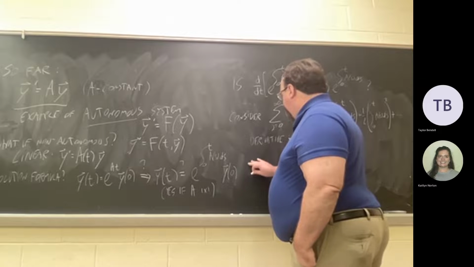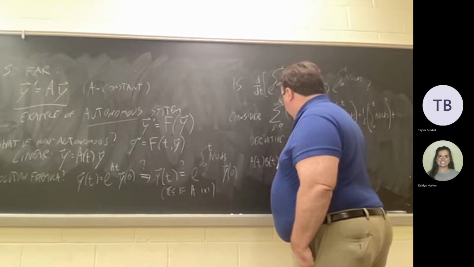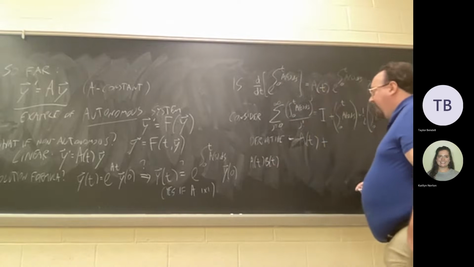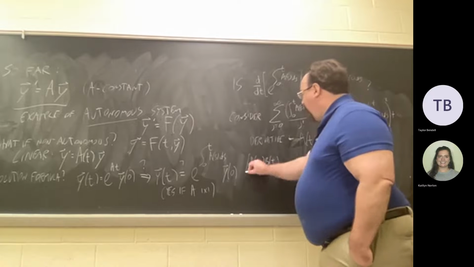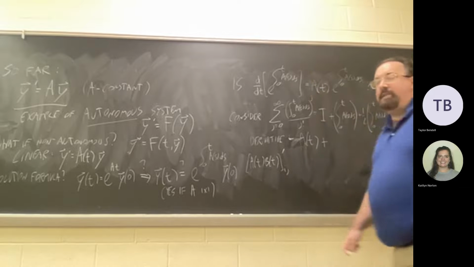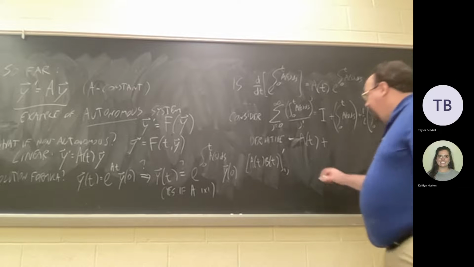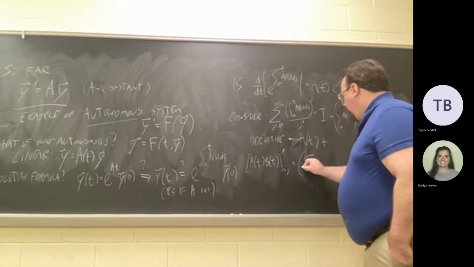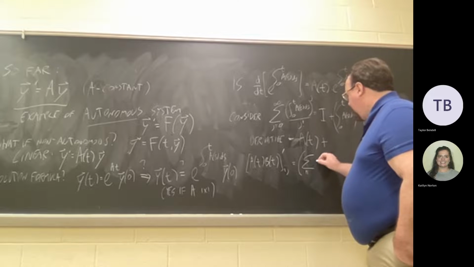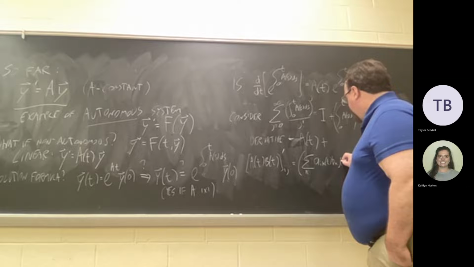So suppose you have a matrix product, A of t, B of t, and you want to look at the ij entry, take the derivative. So now what I'll do is I'll write out the ij entry of this product. So that would give us a_ik of t, b_kj of t.